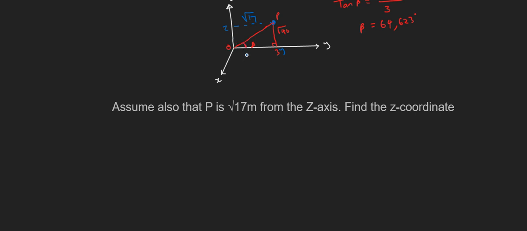So we have this triangle, and the only thing we have from this triangle is this perpendicular side to the axis, which is the distance away from the z-axis. So we can find the side they share, which is the hypotenuse of the other triangle, and also the hypotenuse of this triangle.